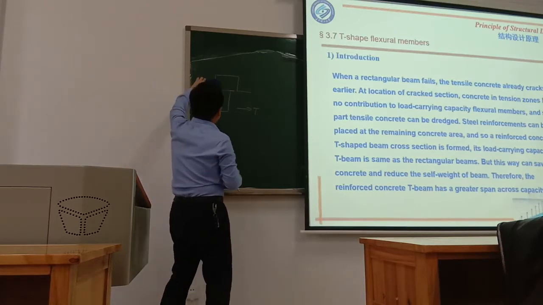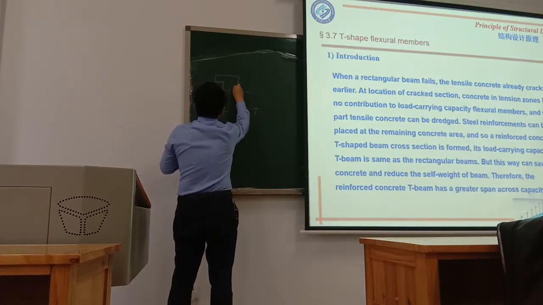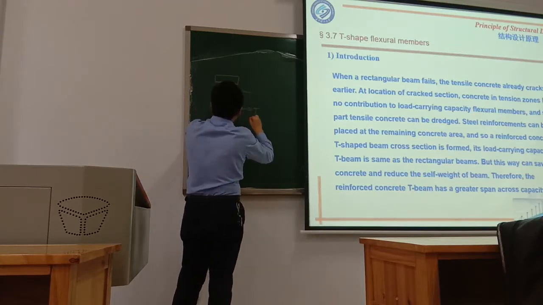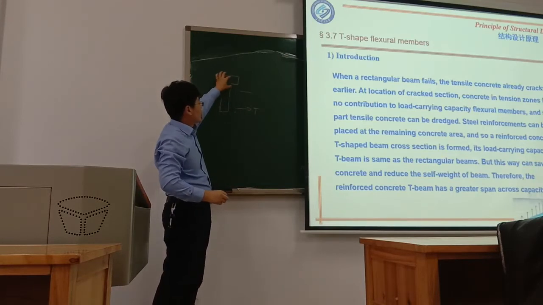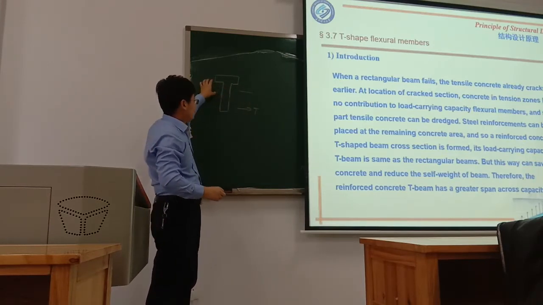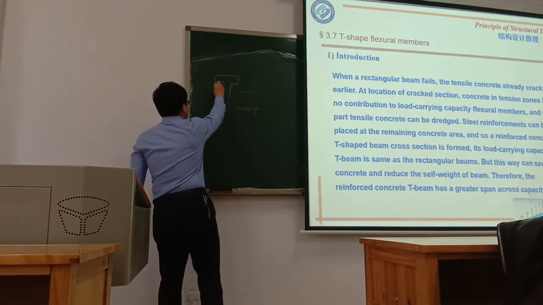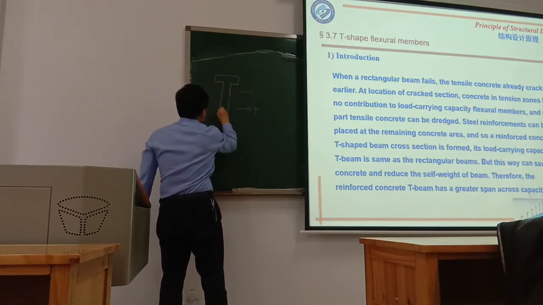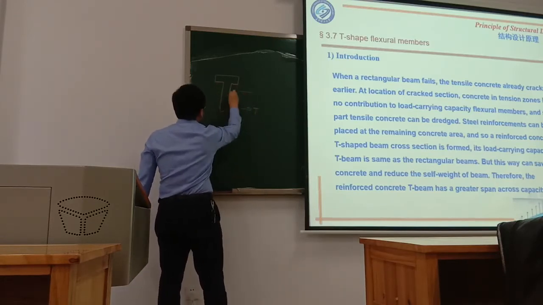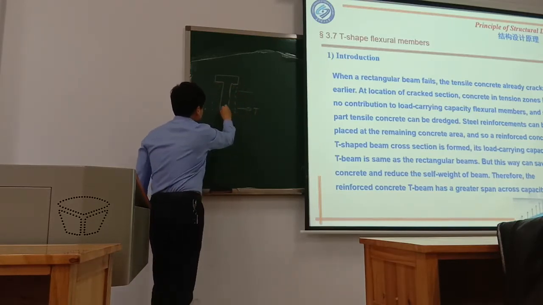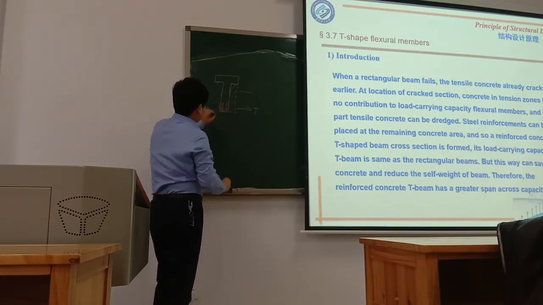Of course, as you go up, make this T more, because when the force increases, the compressing area becomes smaller, something like this. Then, compared with the rectangular shape, we just remove this part and put the reinforcement in the bottom.